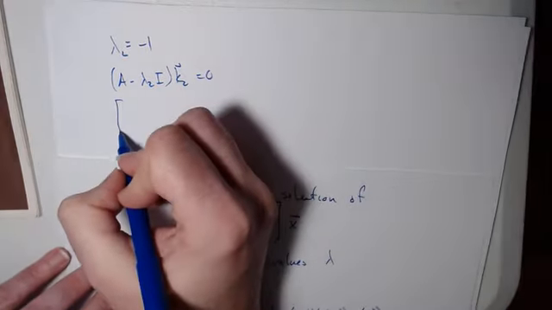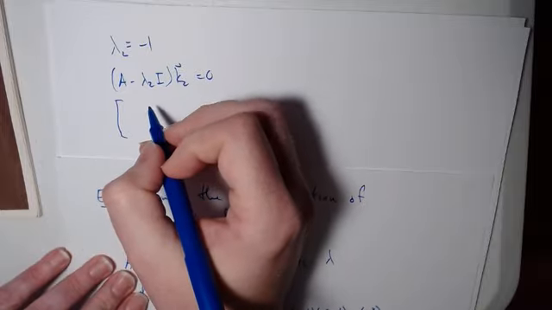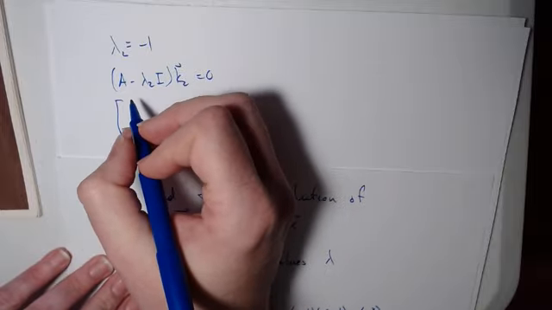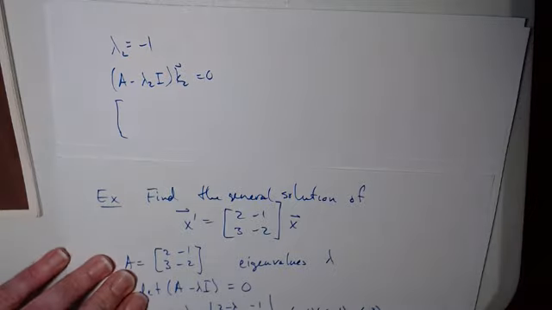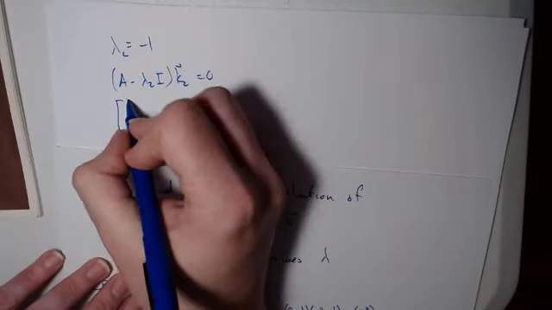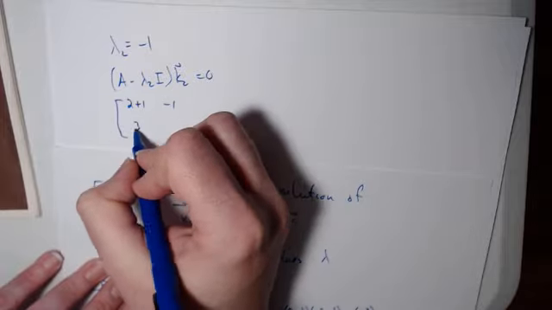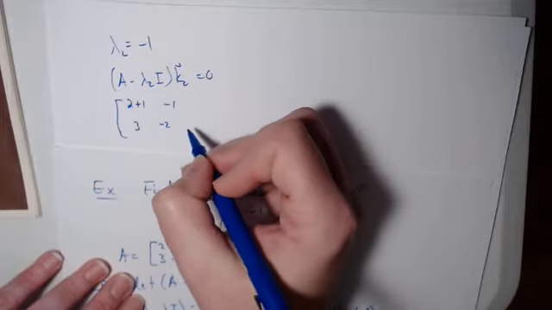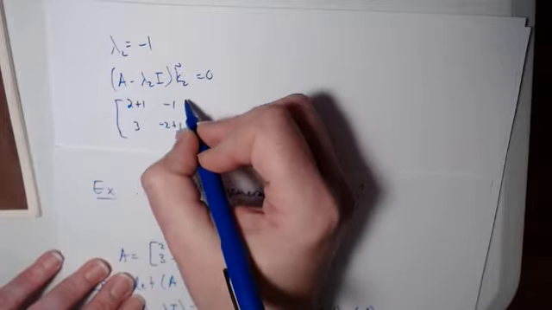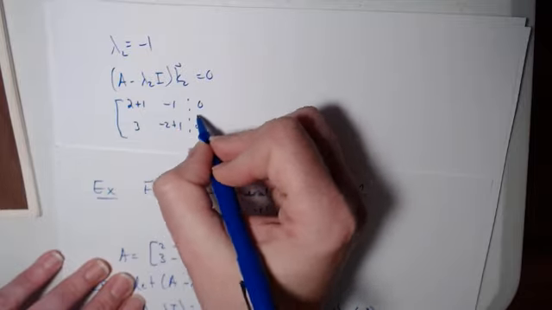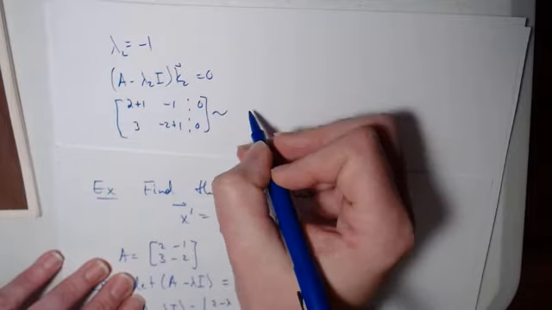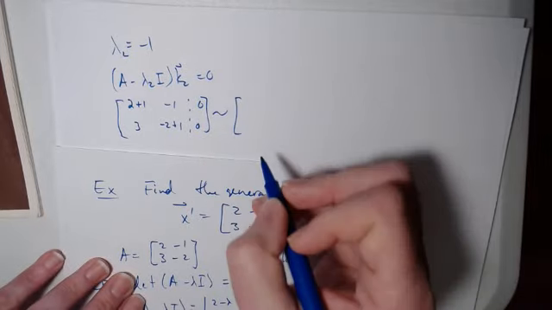So A minus lambda 2 I is going to be 2 minus lambda, so 2 plus 1, negative 1, and then 3, and then negative 2 plus 1. And we don't really have to augment with zeros because they're never going to change, so I'm going to start skipping that at this point.